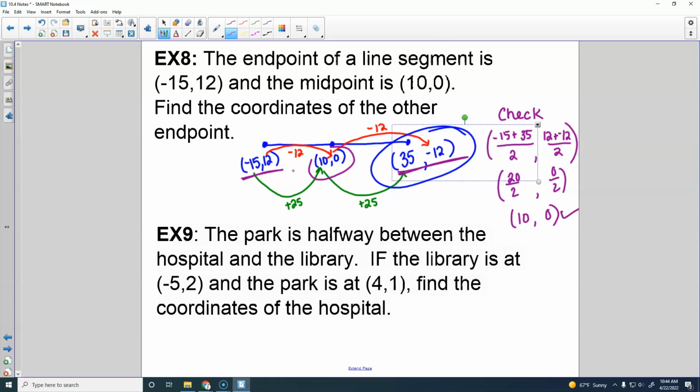Not distance. It's midpoint. If you see, find the coordinates of, or it might just say find the location of, we're looking for the place that it's at, right? The coordinates tell us where to go to find this, right? So we have to answer this with a point. Our answer is a point, not the distance between these 2 points.